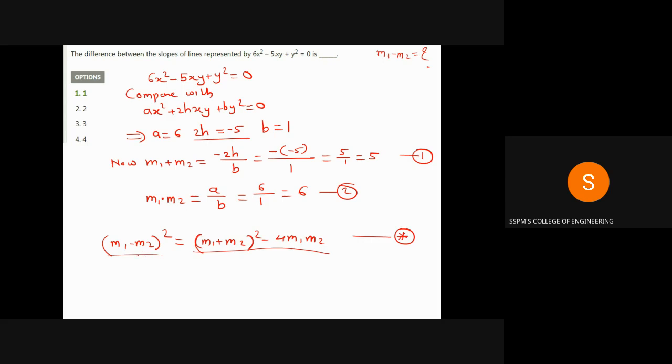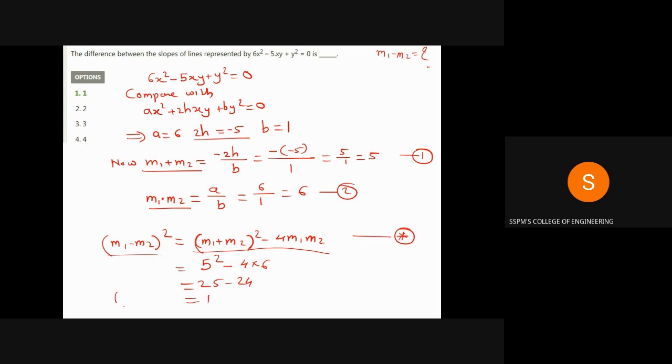Now put in all the values that we found, m1 plus m2 and m1 m2. If we put them here, we get m1 plus m2 square. What is m1 plus m2? It is 5. So 5 square minus 4 m1 m2, that is 4 into 6. Therefore 5 square is 25, 4 into 6 is 24. It is equal to 1.